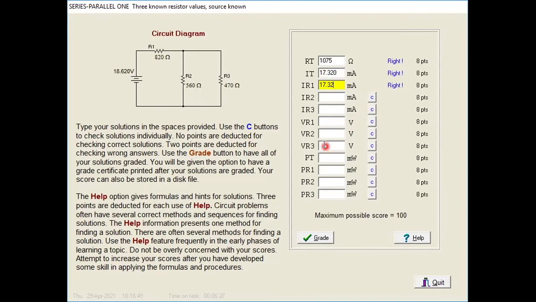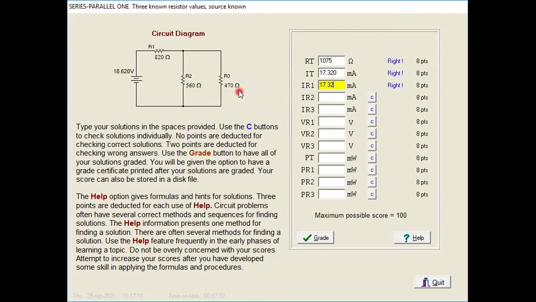VR1, VR2, and VR3. Well, VR2 and 3 are going to be the constant across this. How do we solve that? Well, we know that V equals I times R. Well, what is the I through R2 and 3? It's going to be the constant current of 17.32 milliamps. But what is the R? Is it R2 or is it R3? It's neither.